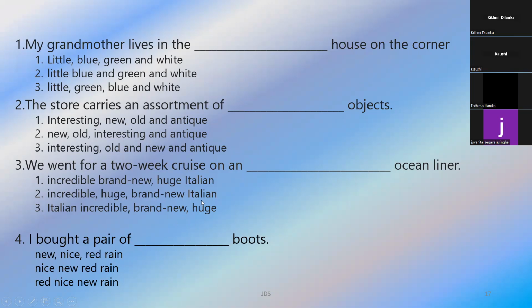Italian is the nationality or the origin. Italian, incredible, brand new, huge ocean liner. Which one? Second one. Incredible, huge, size, then brand new is the age, and then the origin, right?